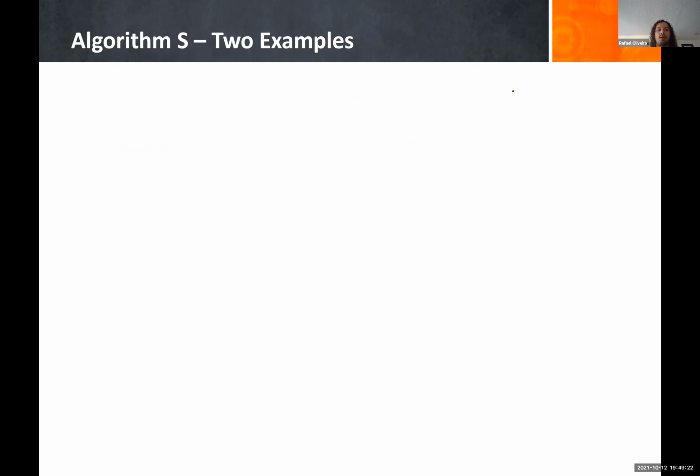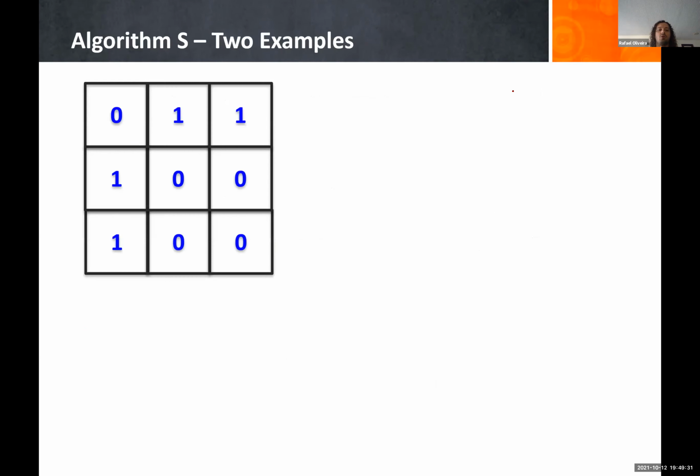Let's look at the examples that Ankit gave so that we can see what happens in this algorithm when we actually scale. I'm going to give the same examples for consistency. So we have this matrix 0, 1, 1, 1, 0, 0, 1, 0, 0.